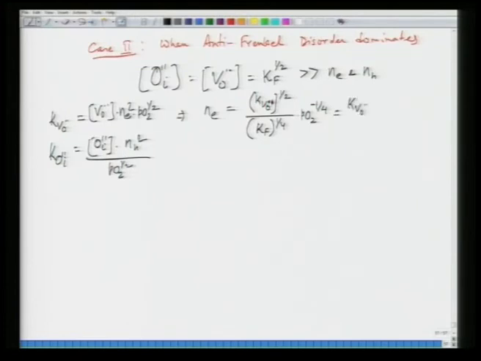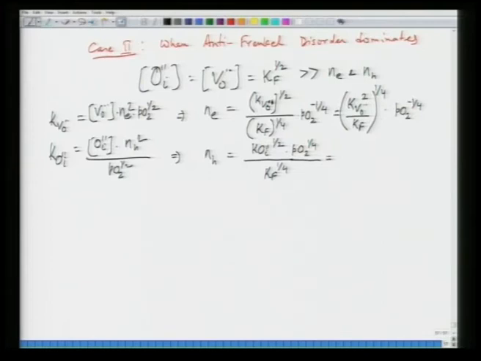So, basically you write it as KVO divided by Kf to the power 1 by 4 into PO to the power minus 1 by 4, and similarly NH will be equal to KOI to the power 1 by 2 into PO to the power 1 by 4 divided by concentration of OI, which is Kf to the power 1 by 2.